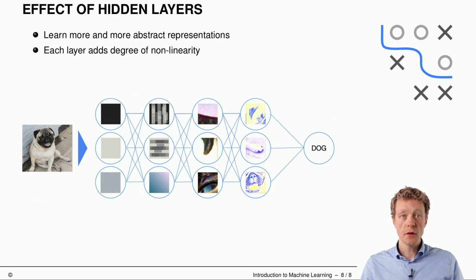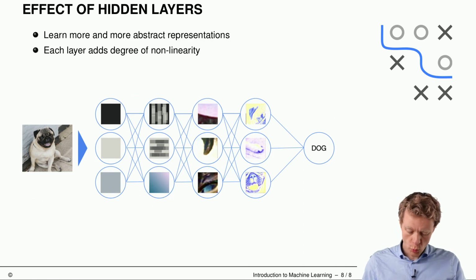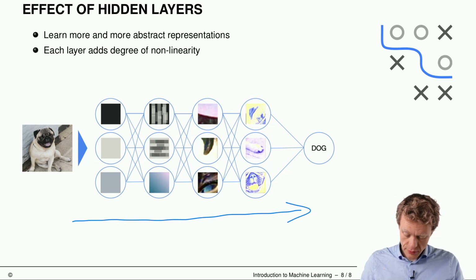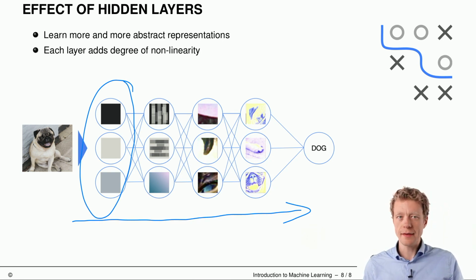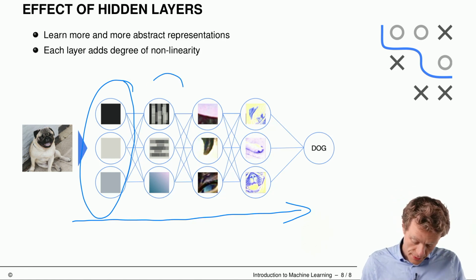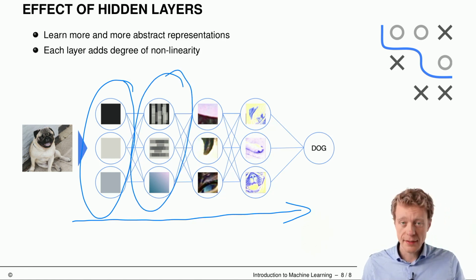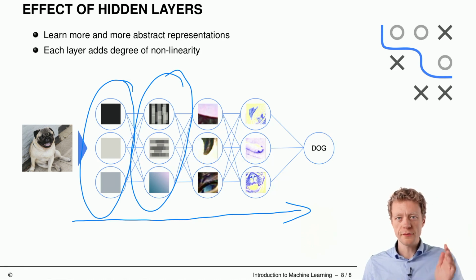One last word on the effect of hidden layers. What happens here is that these layers learn more and more abstract representations when we go deeper into the neural network. So in the very first layers, very easy things are learned, like colors or shades of colors. And then if we go further, we have slightly more complex things like lines and boundaries from white to black and from black to white and so on.